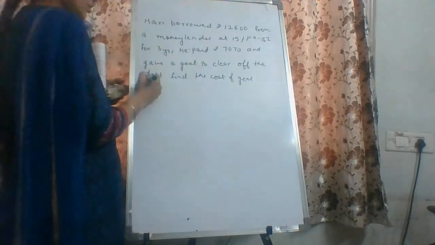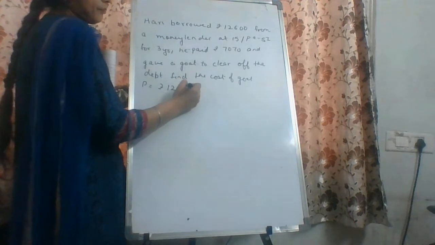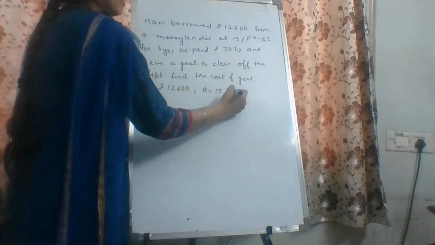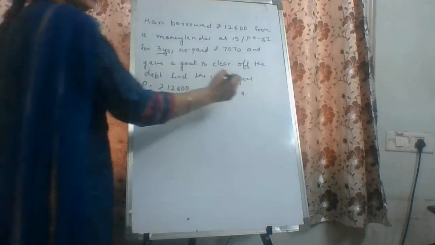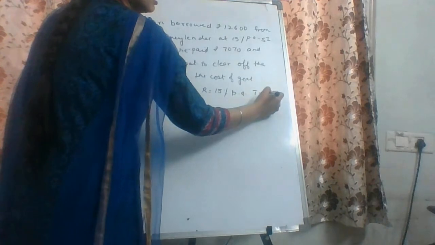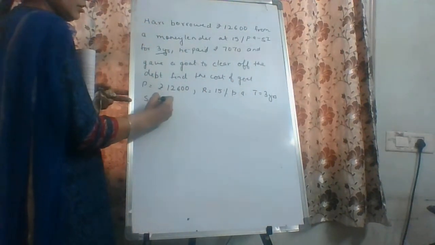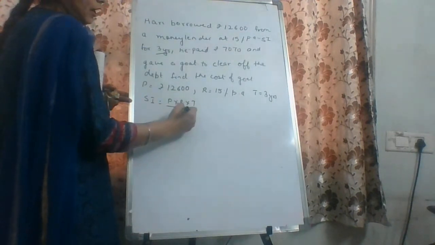Principal is 12,600. Rate is 15% per annum. Time is 3 years. Simple interest is equal to principal into rate into time upon 100.